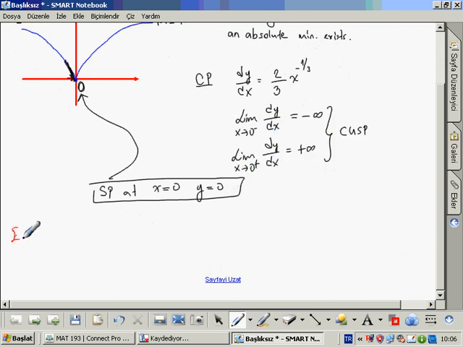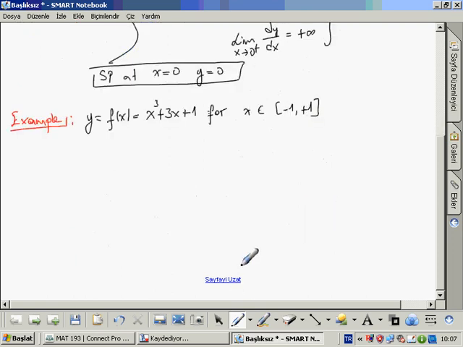Another example. f of x equals x cubed plus 3x plus 1, so that we can say this for x an element of the closed interval minus 1 comma plus 1.